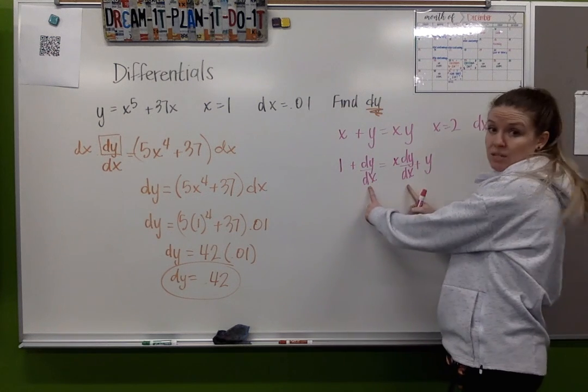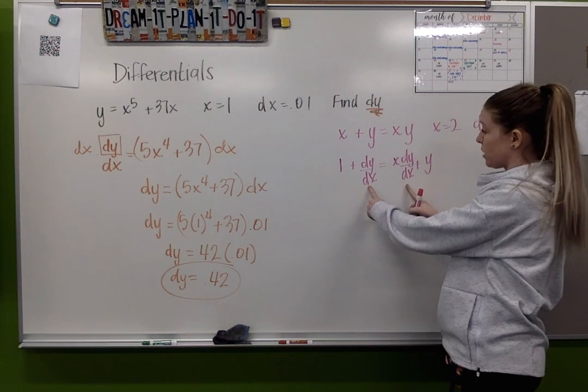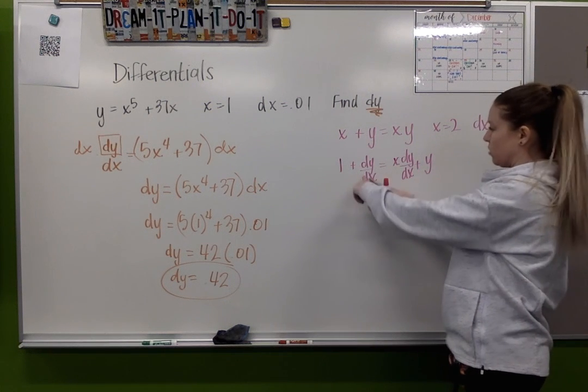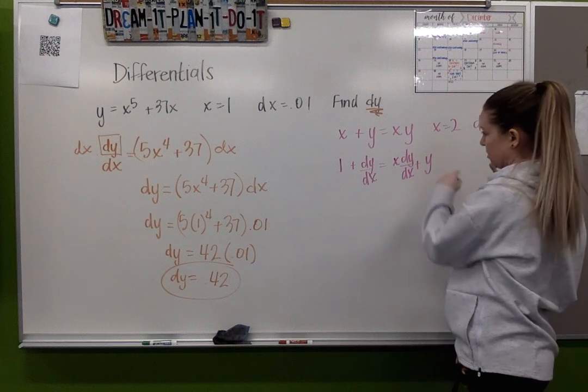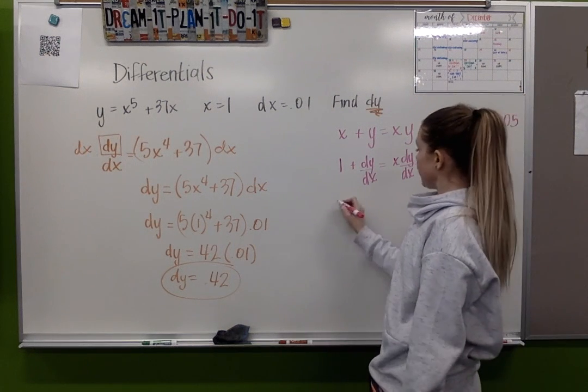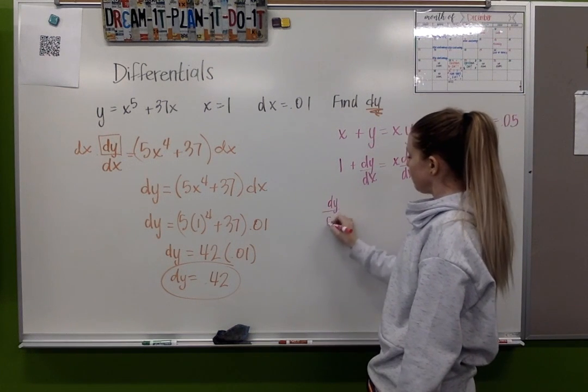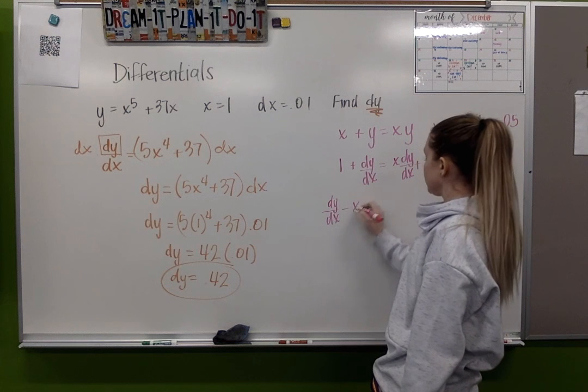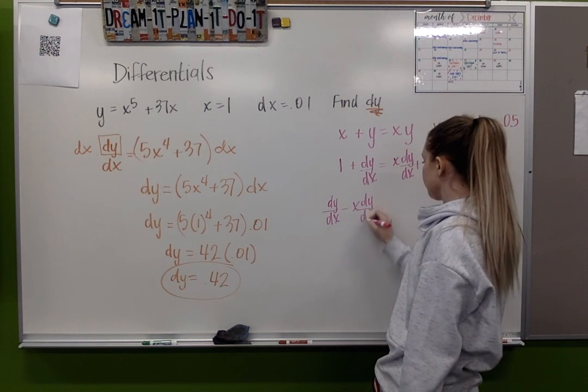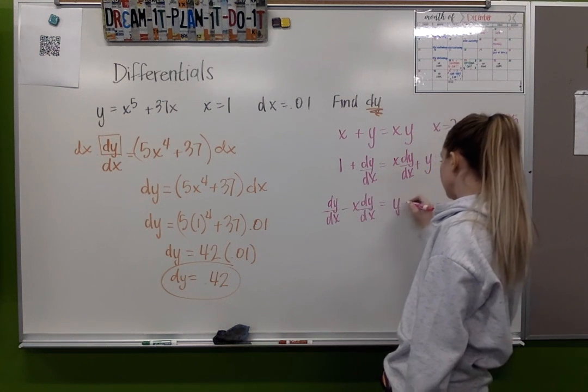I'm going to group my dy's together. So I'm going to subtract this one over, and then I'm going to subtract the 1 over. So I'm going to end up with dy dx minus x dy dx equals y minus 1.